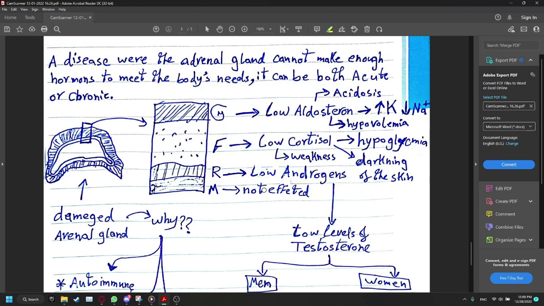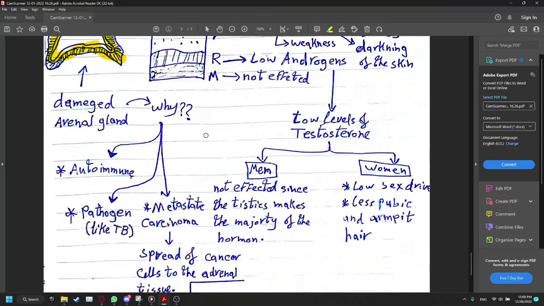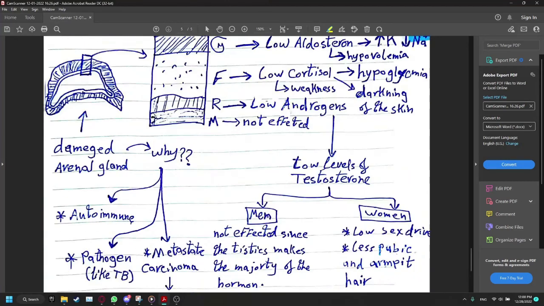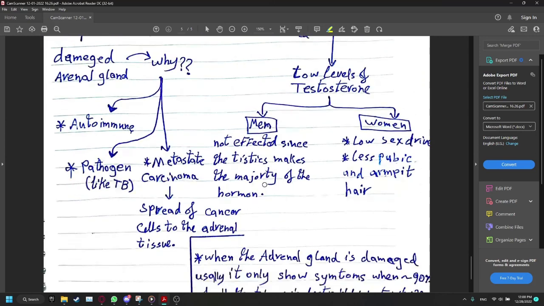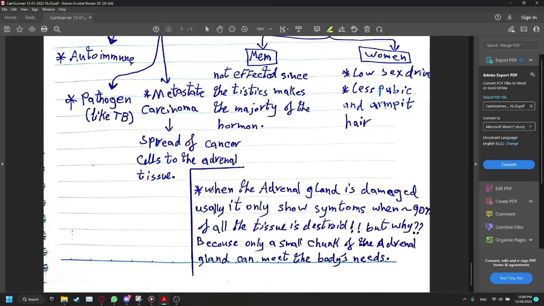Why is that? Because most of the time when people come with Addison disease, the adrenal gland is basically gone. There's less than 10% of the adrenal gland that is functional. As we said, when the adrenal gland is damaged, it usually only shows symptoms when 90% of all the tissue is destroyed or necrotic.